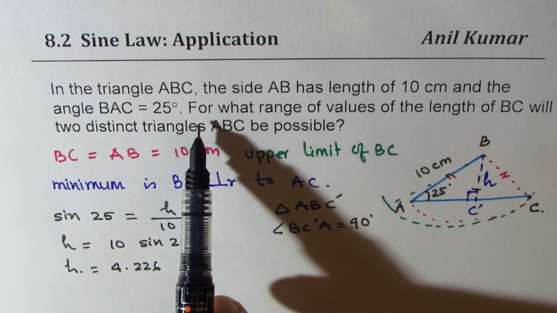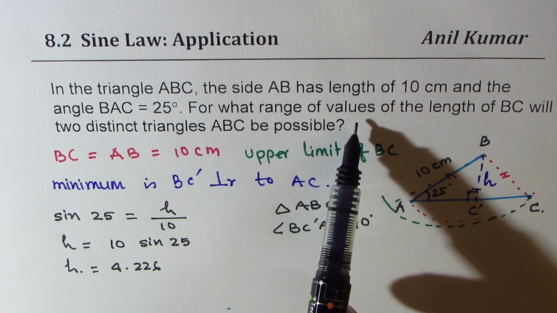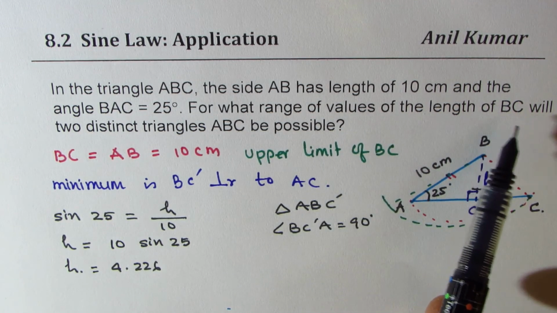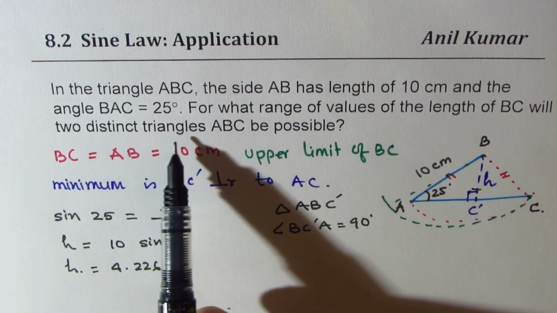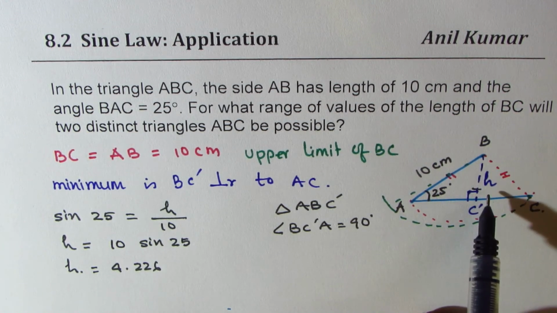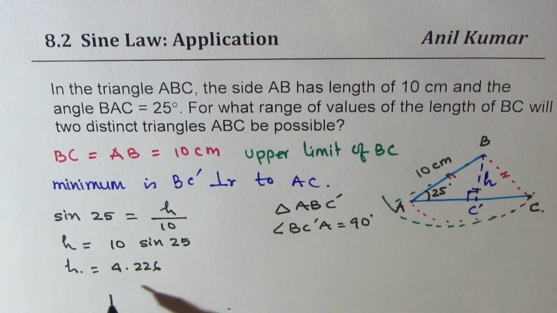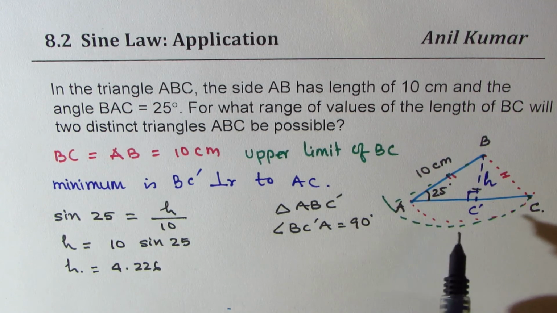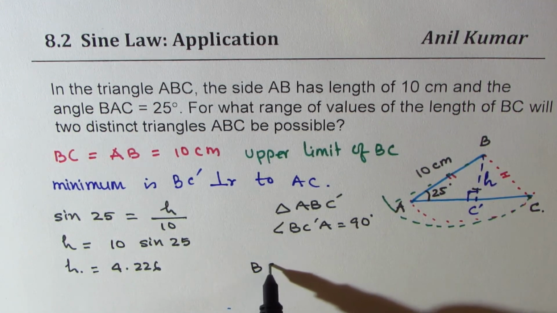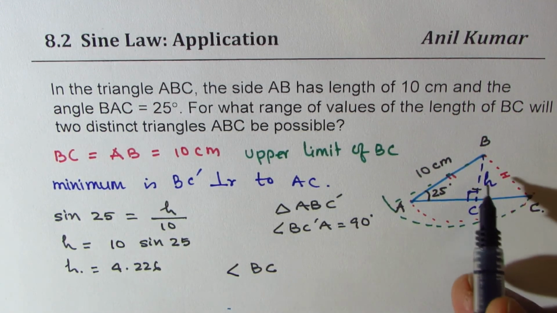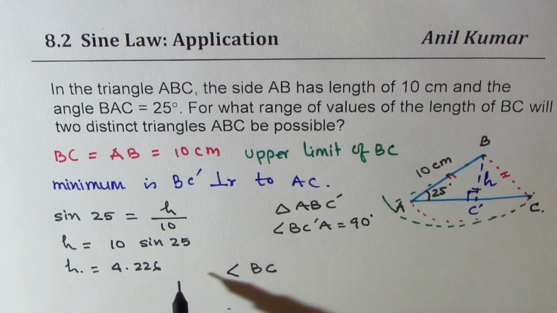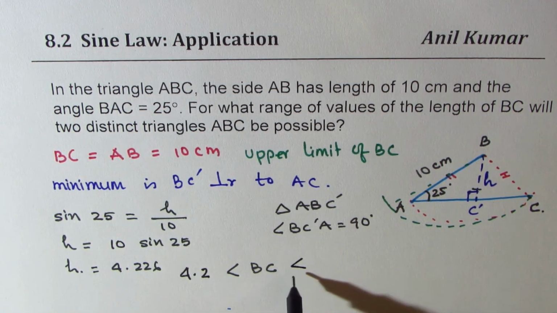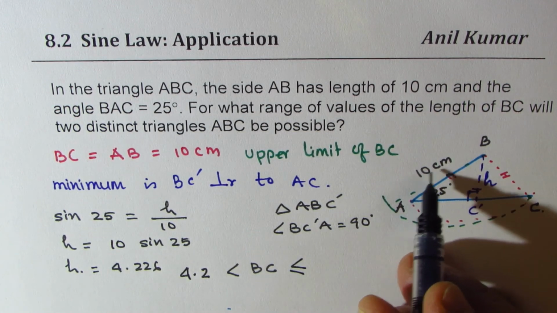So the question here is, for what range of values of the length BC will two distinct triangles be possible? If I have it equal to h, it cannot be two, right? So the length BC should be greater than h, which is 4.2, and should be less than or equal to 10.